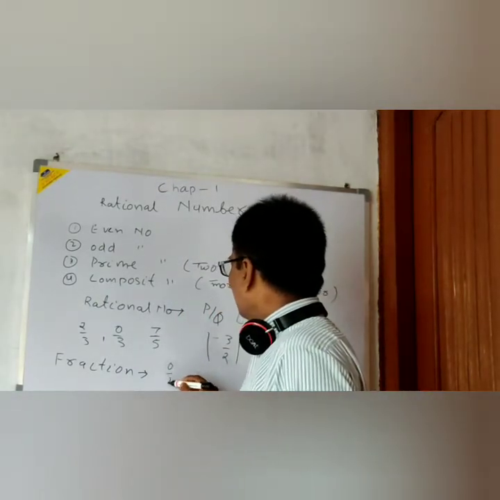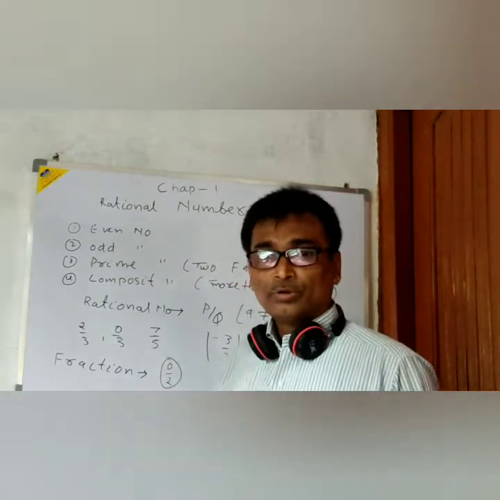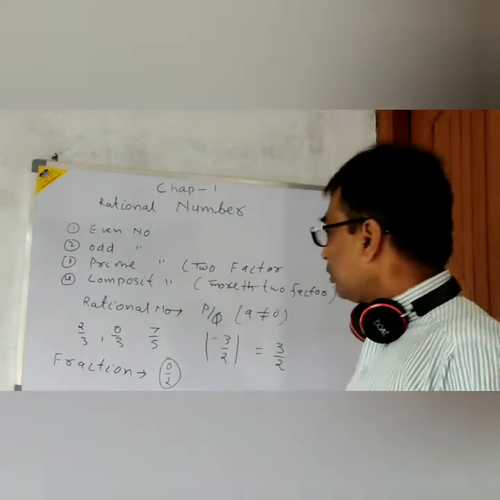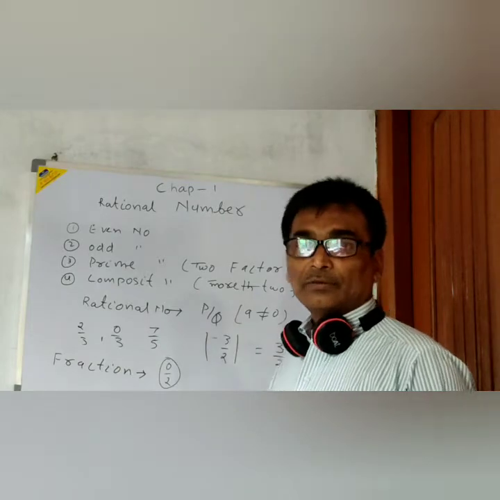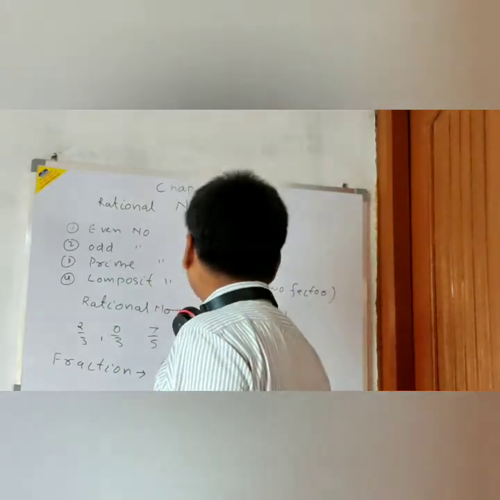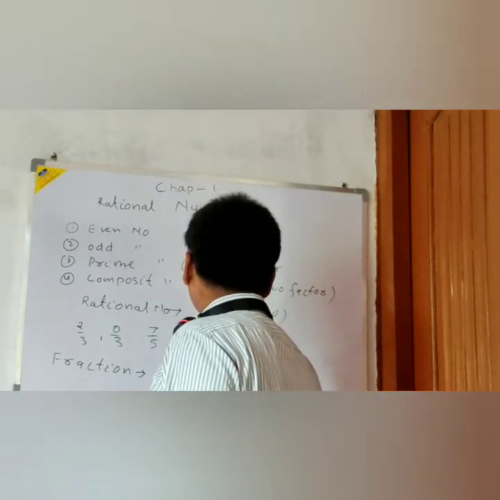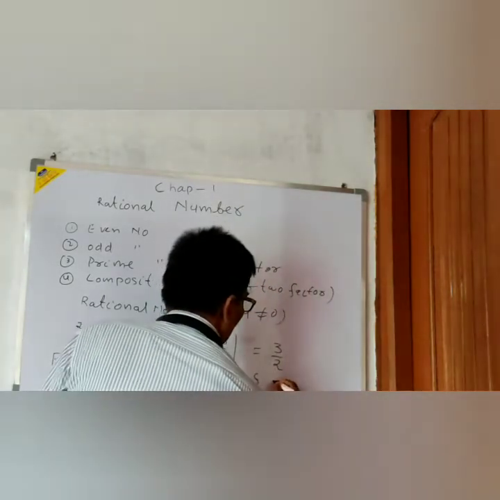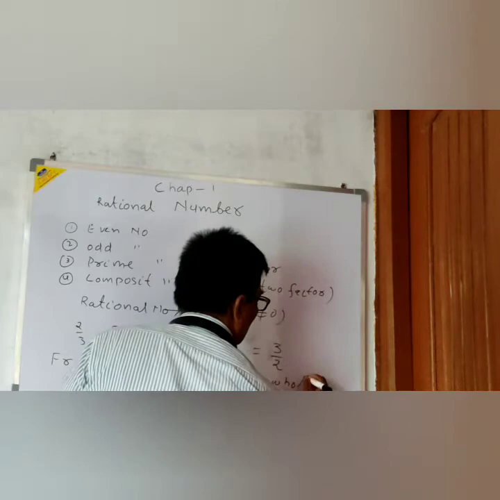Here 0 by 2: 0 is a number which cannot be divided by 2, so it is not a fraction. A fraction is a part of a whole.